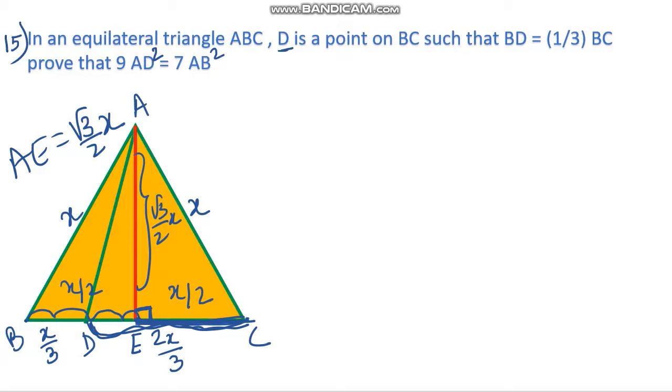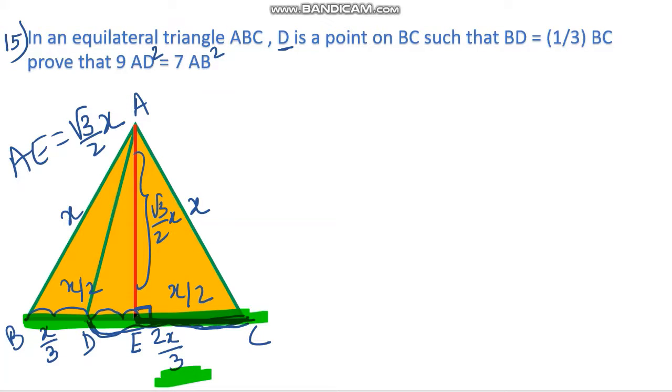Now see here children, you know BC is X, you know BD is X by 3, and you also know CD is equal to 2X by 3 and CE is equal to X by 2. So using this, can you find out DE? DE will be equal to how much? CD minus CE.